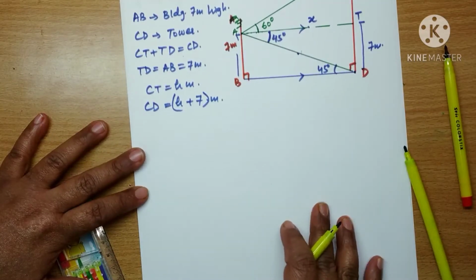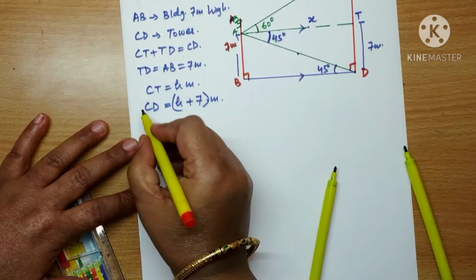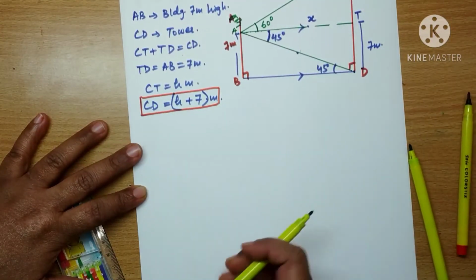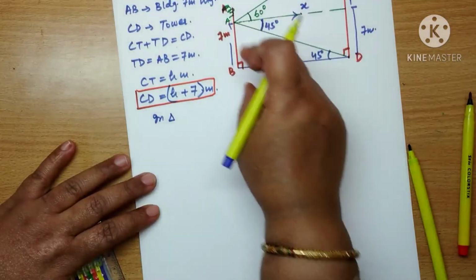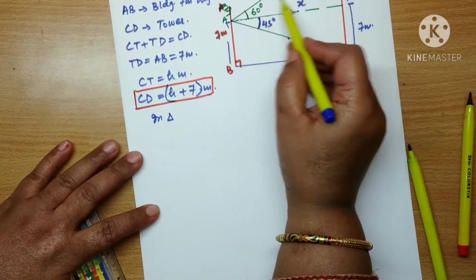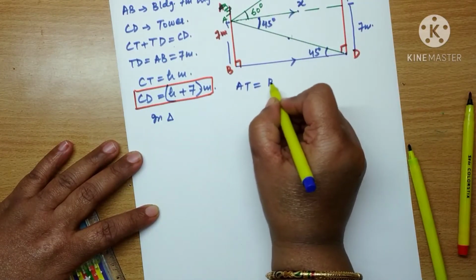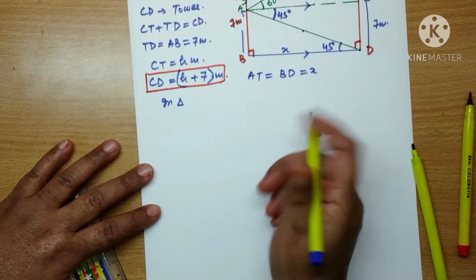We need to find the height of the tower. So height of tower is H plus 7. So children, I need to find this, H plus 7. Right? Now we have two triangles here. This one and the other is this. We have AT is equal to BD equal to X. These two will be X because these are parallel lines.